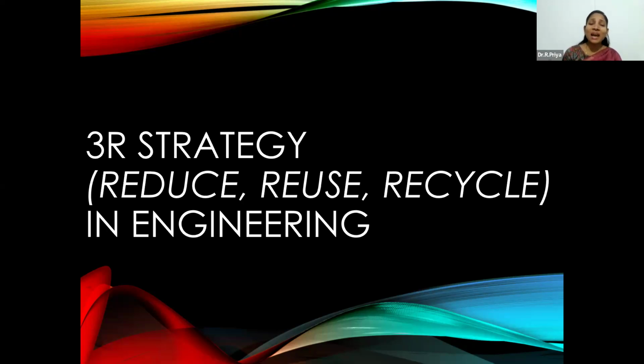The 3R strategy provides a practical and powerful framework to minimize waste as well as conserve resources and promote eco-friendly solutions in the engineering field. Through today's session, we will understand the concepts of reduce, reuse, and recycle, their engineering applications, and the important role engineers play in building a sustainable future.